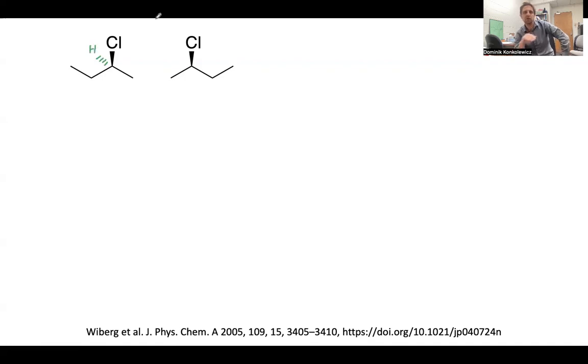So if we use the Cahn-Ingold-Prelog rules for this, first of all, based on atomic number, Cl will be the highest priority. As always, hydrogen will be the lowest priority. Hydrogen has the lowest atomic number of all the elements out there. And it really leaves us with these two sides here to choose between.